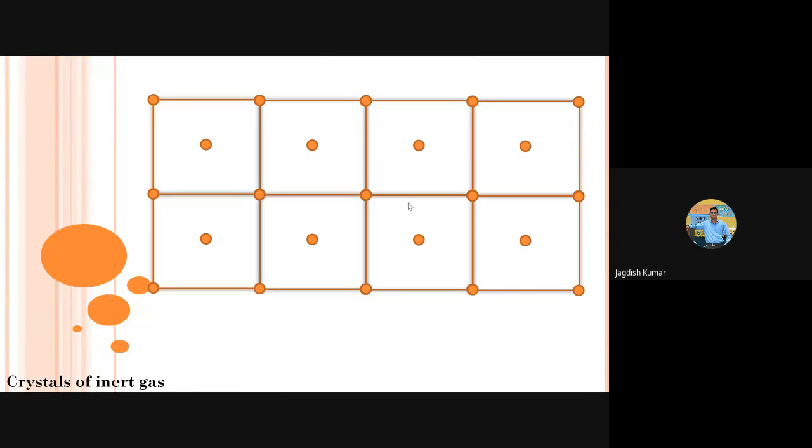Suppose this is representing an FCC arrangement of atoms. Then this is the nearest neighbor for this atom. We choose any reference, say i, and then how many such neighbors are there? In one particular plane, there are 4. But there are 4 others in the upward plane, because this is a 3D structure.